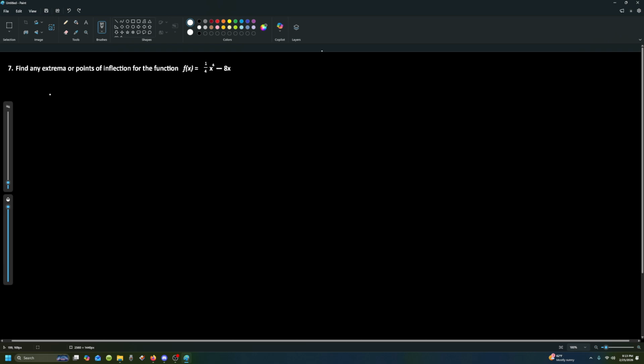Starting off with number 7, find any extrema or points of inflection for this function. So we're going to start off as normal, find f prime of x, which in this case is x cubed minus 8. When we set it equal to 0, we find that we get a critical number of 2.